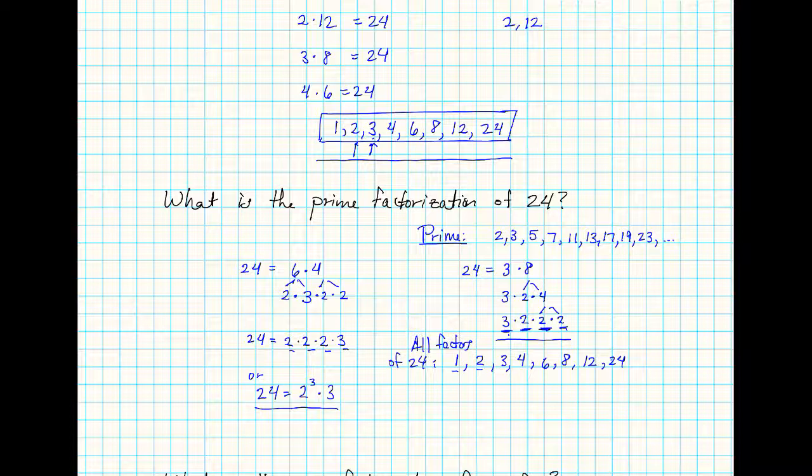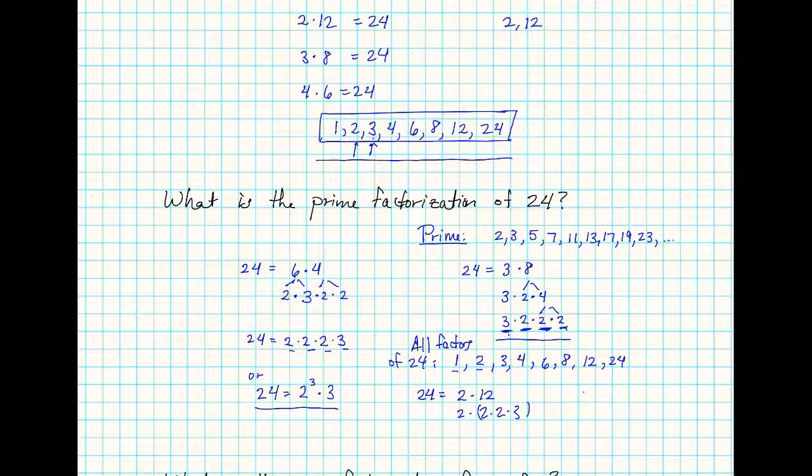And you can even see the products. We saw 24 is 2 times 12. And we can see from this is 2 times 2 times 2 times 3, that's all of 24, and we can see the 2 times 2 times 3 is 12.